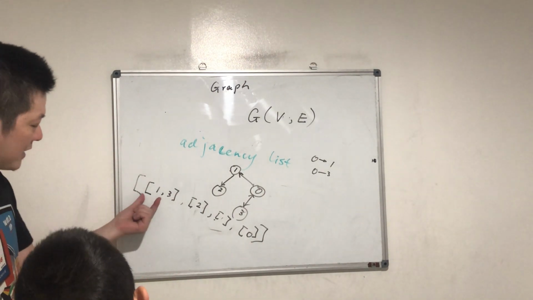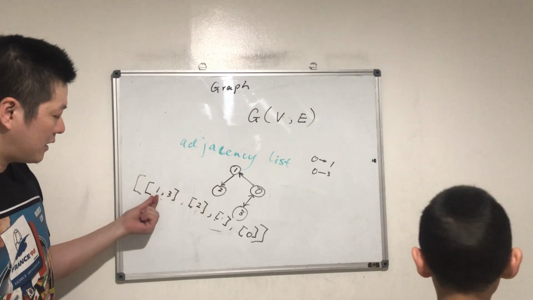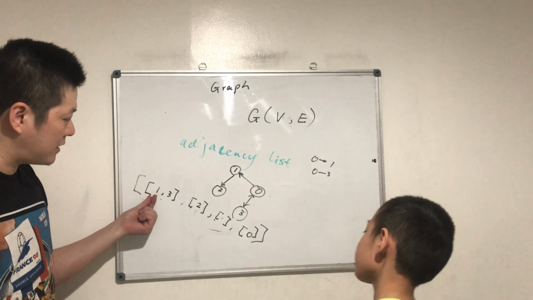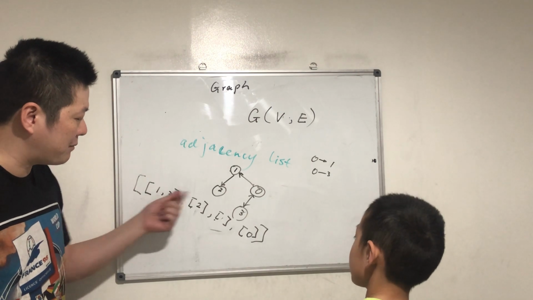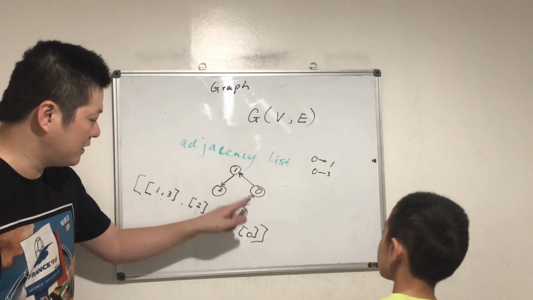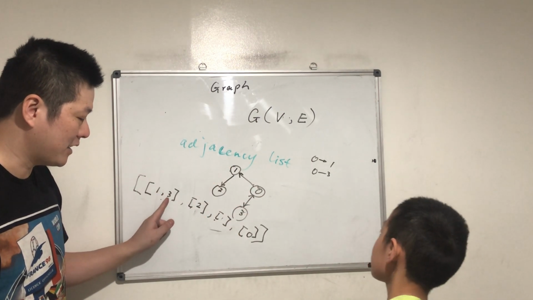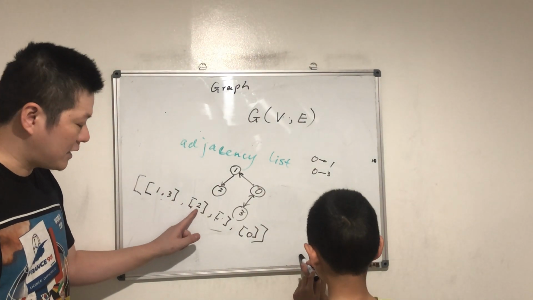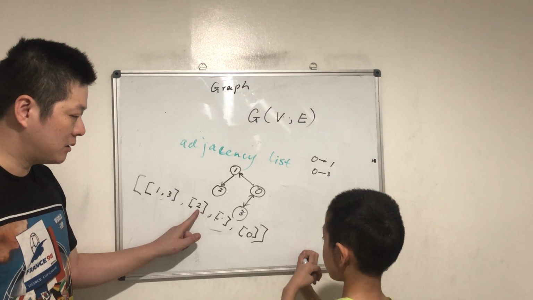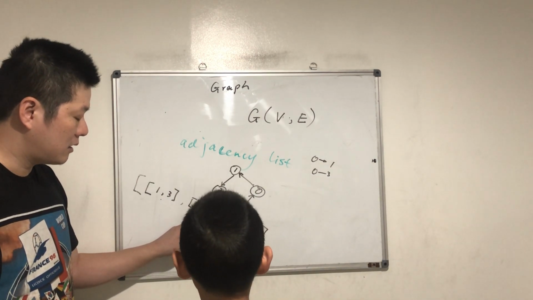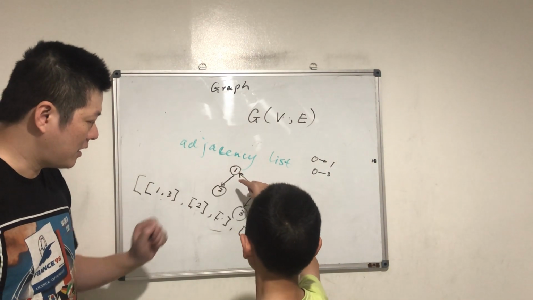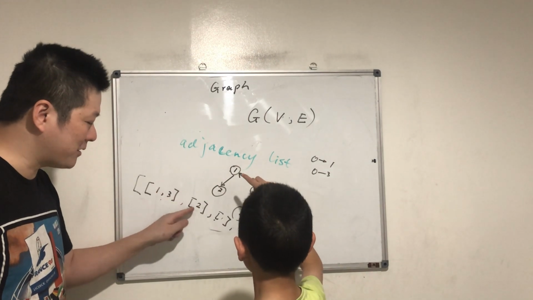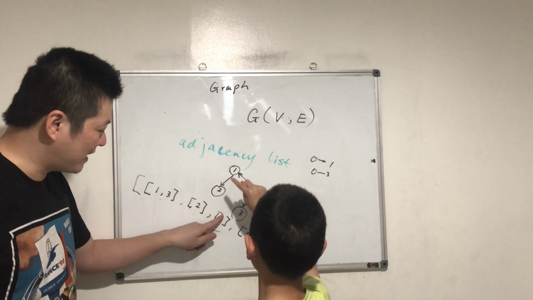Does it make sense? The first element of the list gives the edges coming out of the first vertex, which is 0. So it's 1 and 3. So what's this 2? Can you explain to me what this 2 is? The first one goes to 2, right? Good.